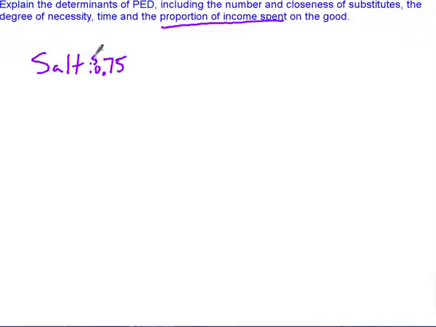What would happen if I went in to buy salt and instead of paying 75 cents, I had to pay $1.50? What do you think I would do? Well, I would still buy it, because a 75-cent increase is a very small proportion of my income.